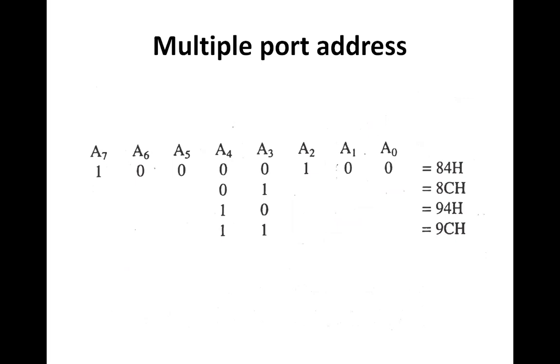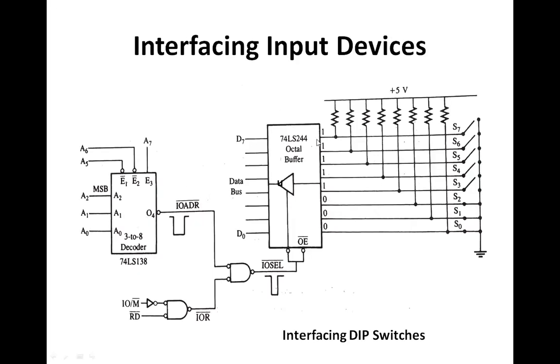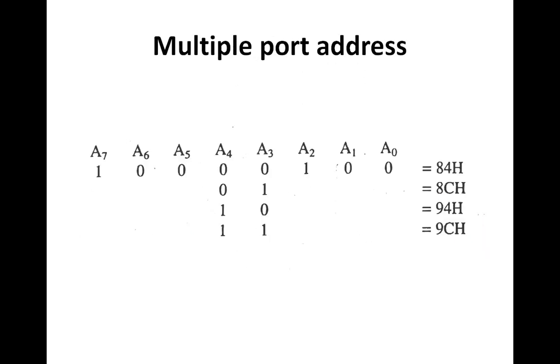Since we are not considering A3 and A4, which could have any value, you can say that this particular interfacing circuit can be addressed by 4 addresses. It may be 00, 01, 10, or 11.